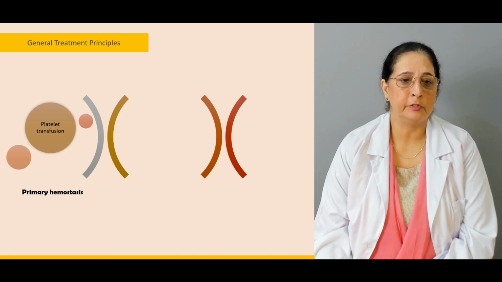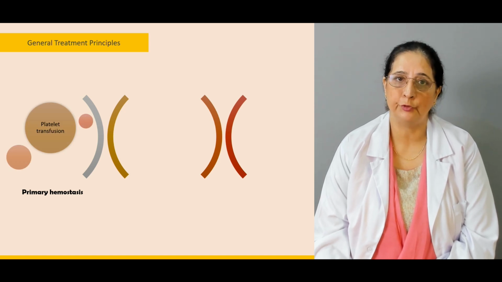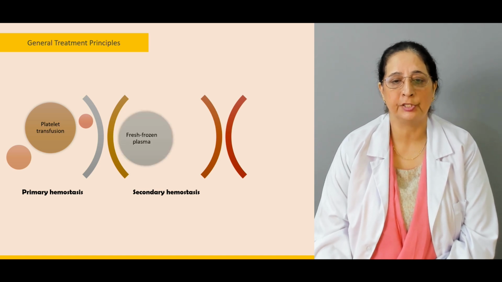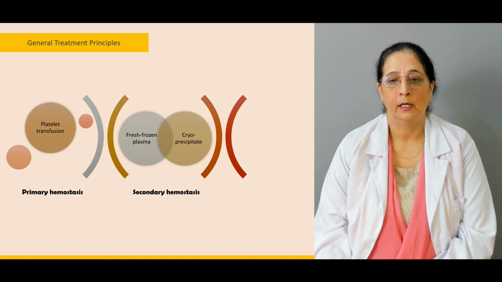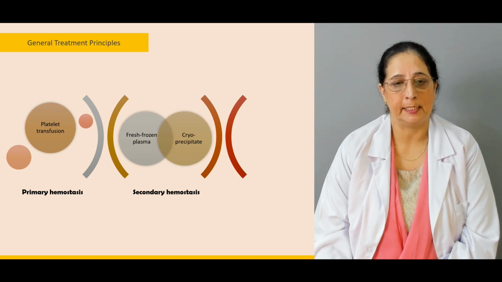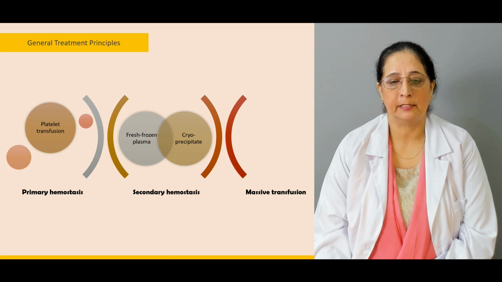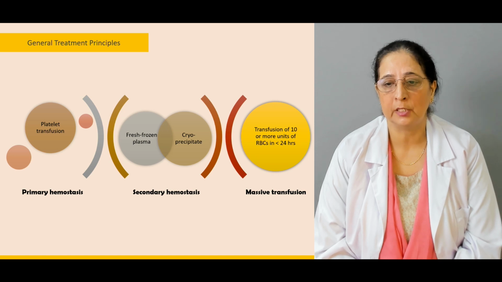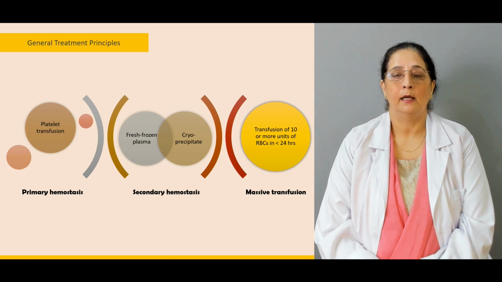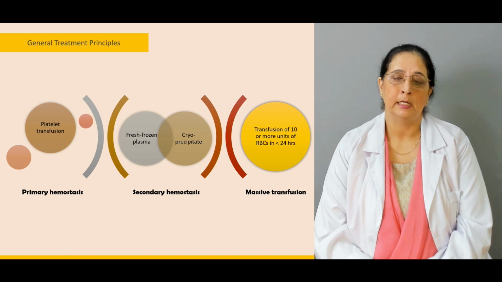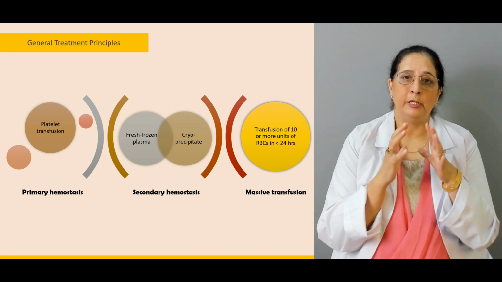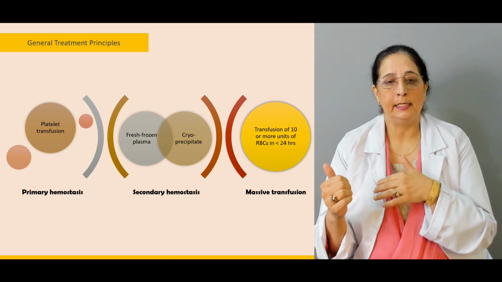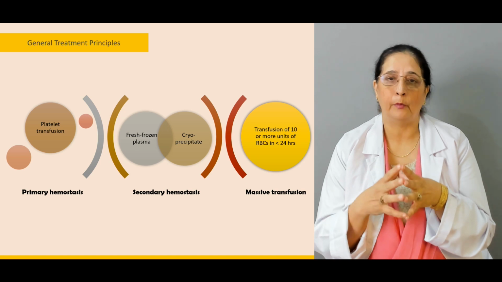Next, primary hemostasis, platelet transfusion is important. And secondary hemostasis, fresh frozen plasma, cryoprecipitate. Massive transfusion, transfusion of 10 or more units of red blood cells in less than 24 hours. So again, management: we know that primary hemostasis is due mainly to platelet plug formation.